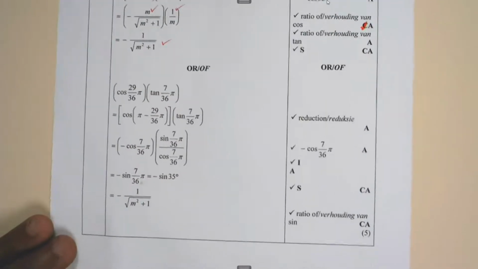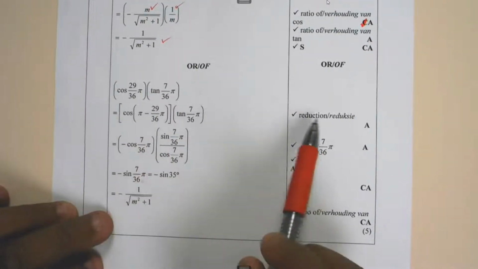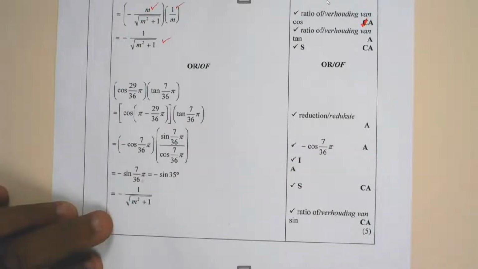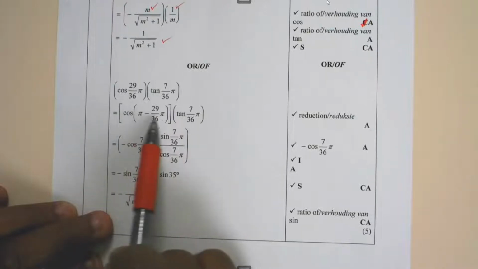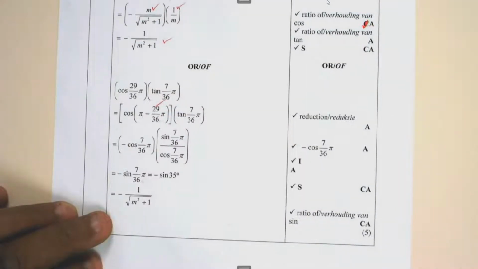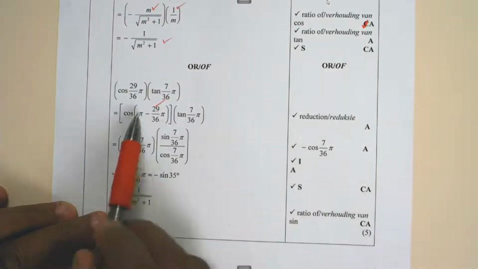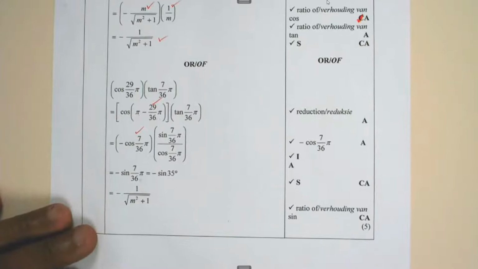And the last option, you have the first mark for reduction. What do you mean reduction? Finding the reductions in terms of pi here for this angle will be a mark. And then expressing this reduction as -7/36 pi is a mark.